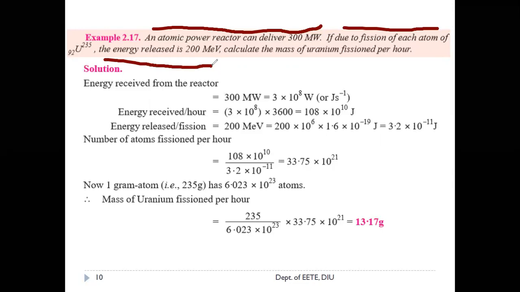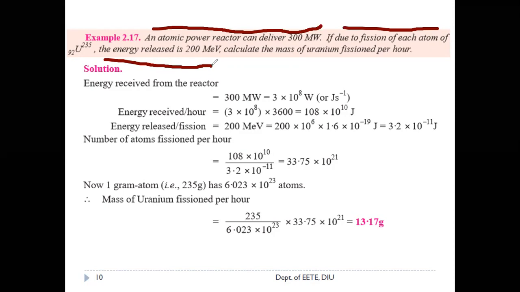Each atom, mind my word, each atom, not total. Every uranium atom, if it participates in the nuclear fission reaction, the heat energy released is 200 mega electron volt.